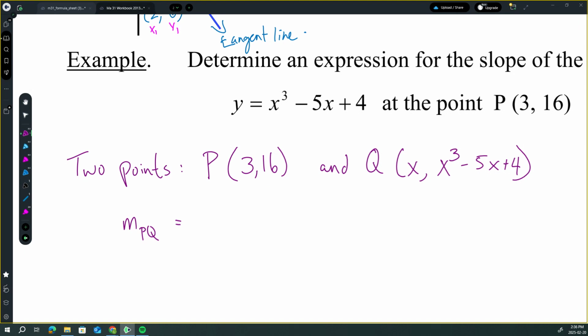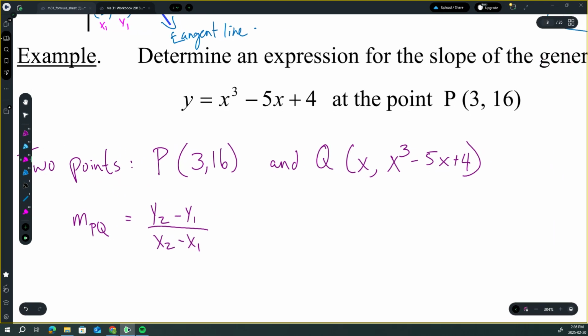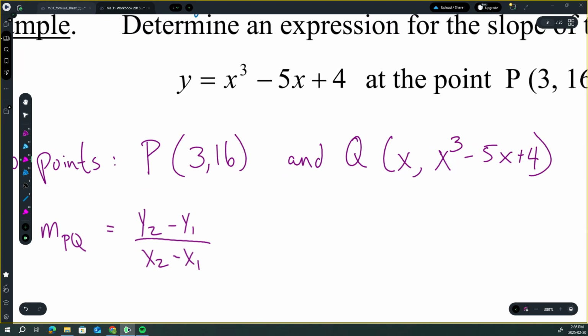So slope of PQ is equal to y2 minus y1 divided by x2 minus x1. Again, I'm just labeling this as my x1, y1, x2, y2, and then let's substitute that in.